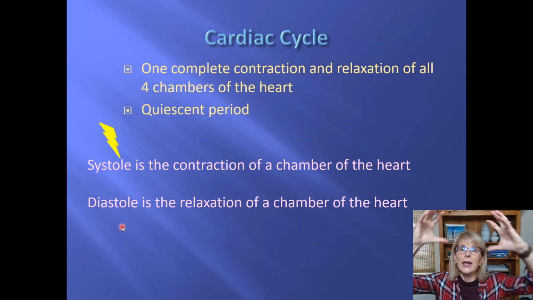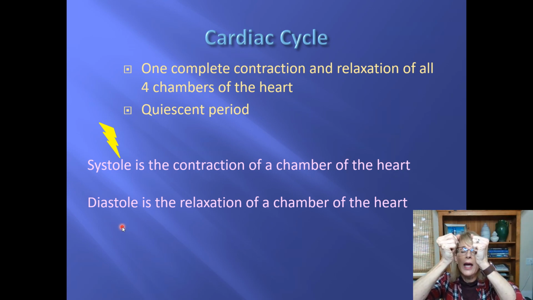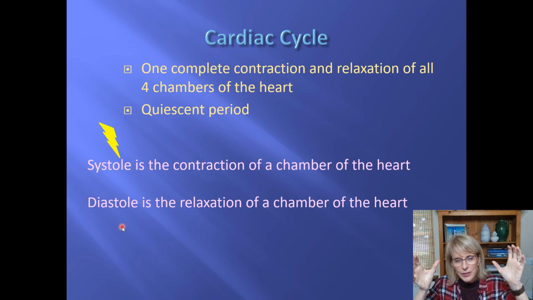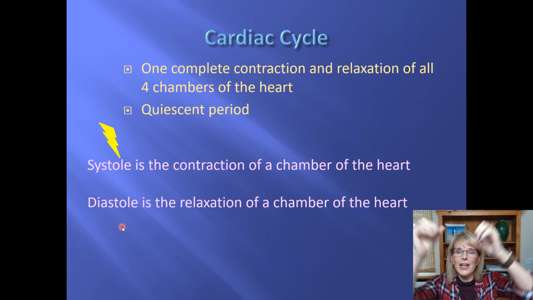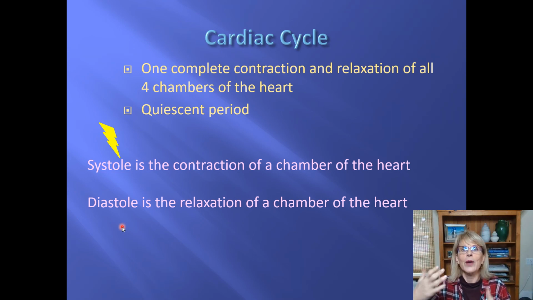It is correct to say atrial systole happens while the ventricles are in diastole, and the ventricles are in systole while the atria are in diastole, and then all four chambers are in diastole at the same time, and then atrium, ventricle, rest, atrium, ventricle, rest.